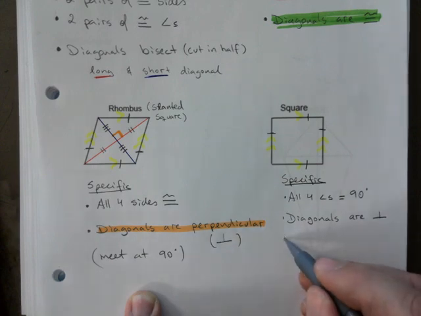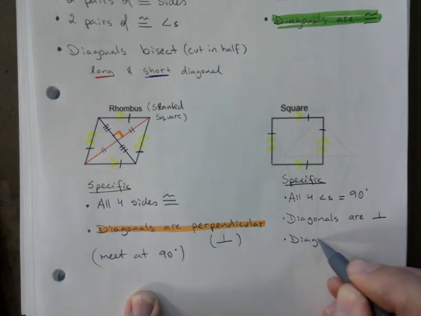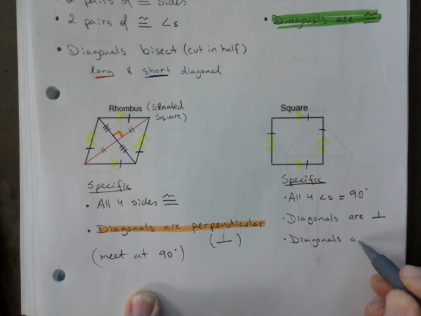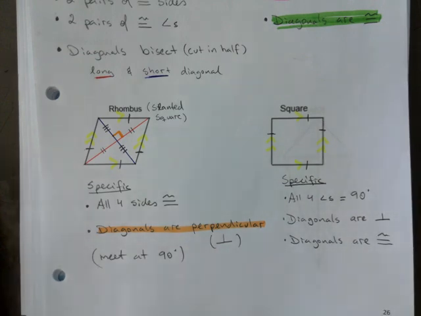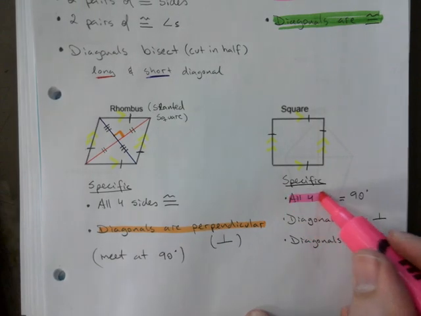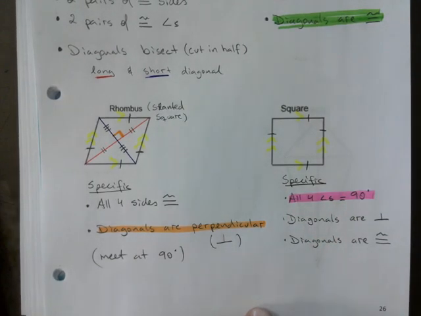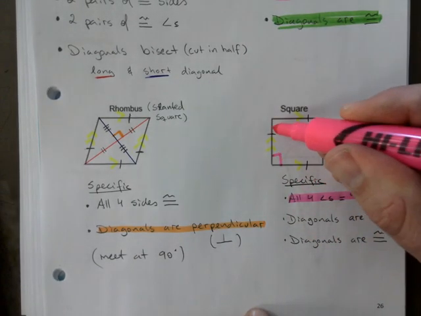And diagonals are congruent. So I did the all four angles are 90 with pink earlier. So I'm going to continue with that. Add it to my diagram.